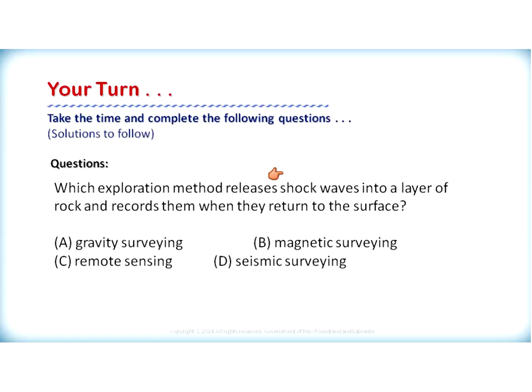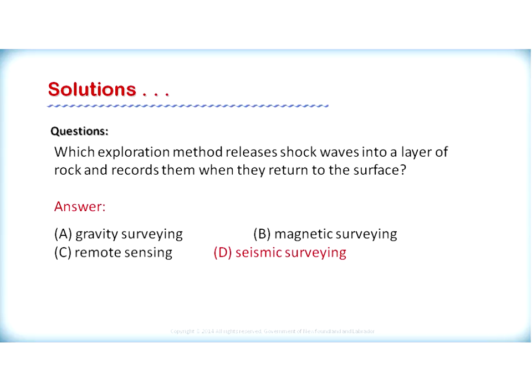If we look at shock waves, as we studied in the earthquake section in Unit 4, shock waves are basically a type of seismic wave. So the answer to this question will be D. Seismic surveying would involve releasing shock waves into the rock and recording the data as it returns to the surface.